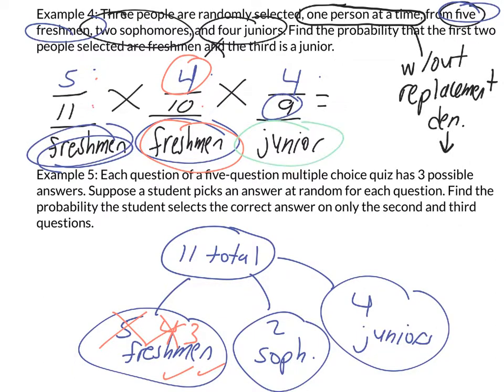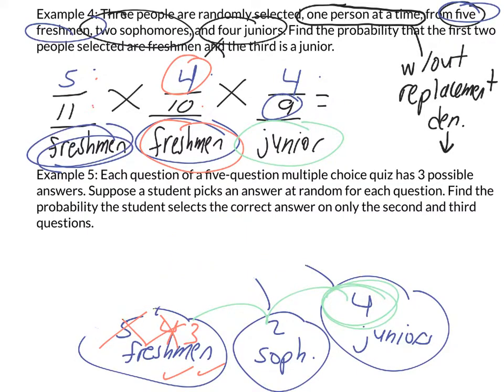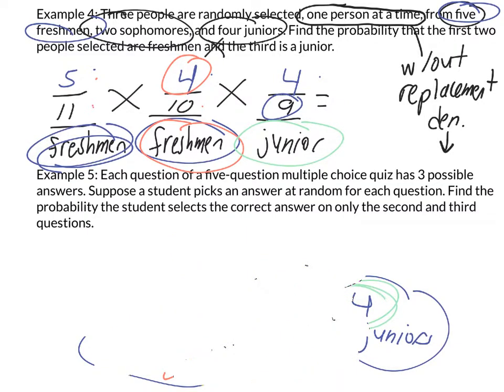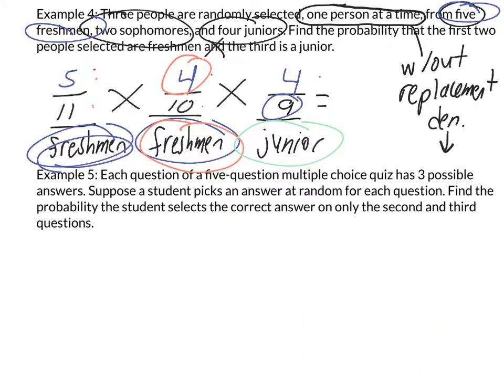Our hand goes in to draw the third name. Now we want a junior's name. There are still 4 juniors, but there are only 9 total. So 4 out of 9 is the third fraction to multiply. And I would just punch it right into the graphing calculator, and let's see if it's going to cooperate on this example.